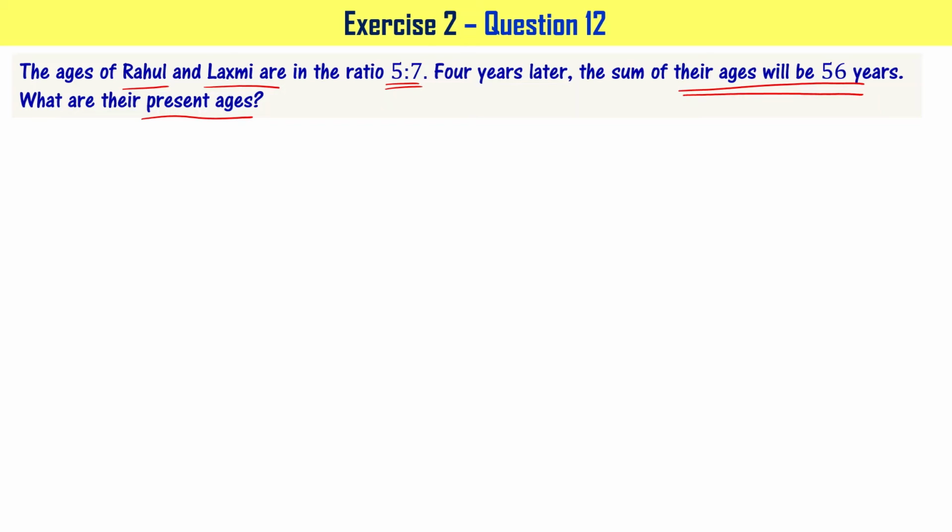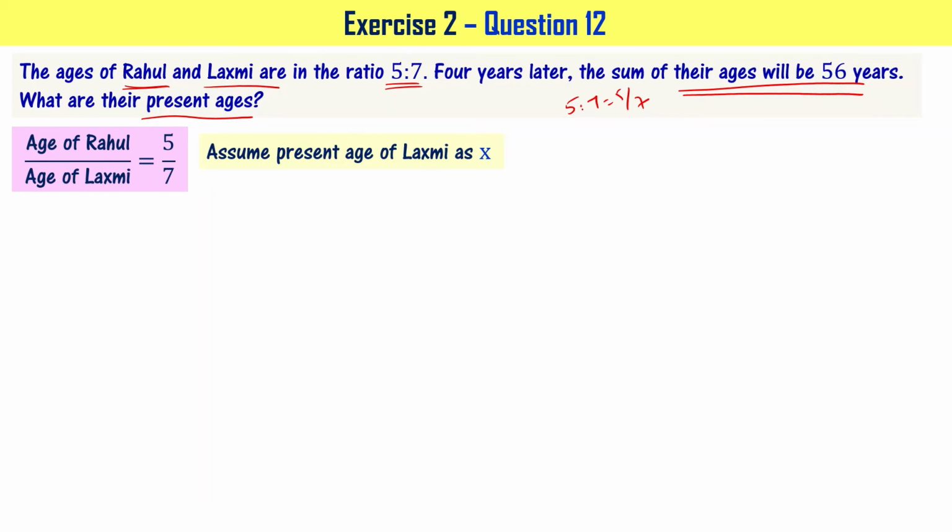Let us write the first statement. Age of Rahul divided by age of Lakshmi equal to 5/7, right? When you say 5:7, it means it is 5/7, right? So age of Rahul by age of Lakshmi equal to 5:7, or I can write it as 5/7. Let us assume that present age of Lakshmi is x.